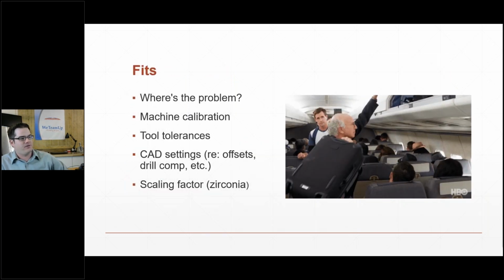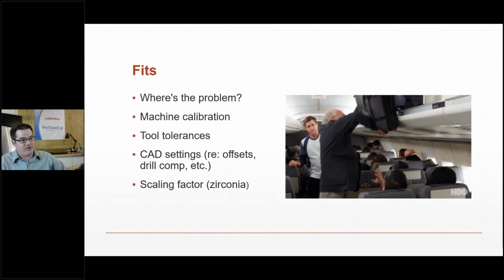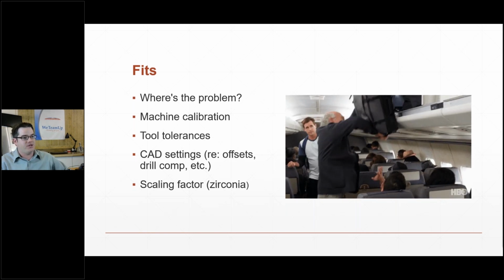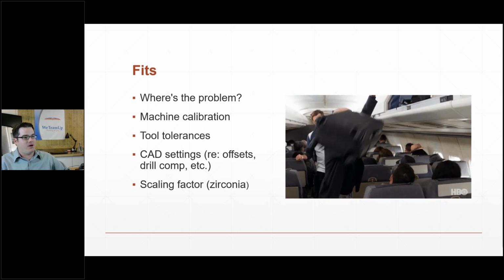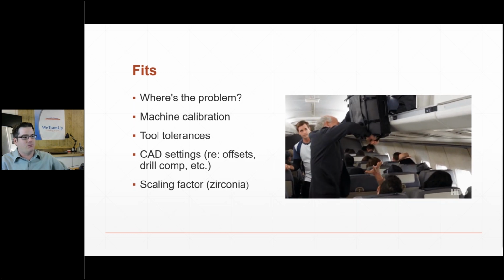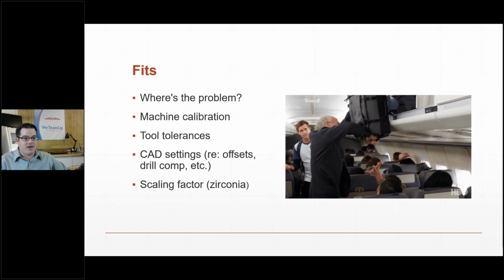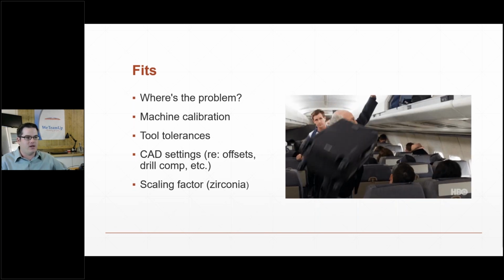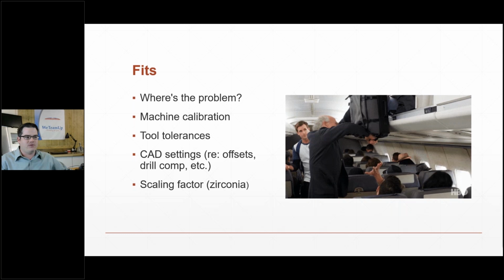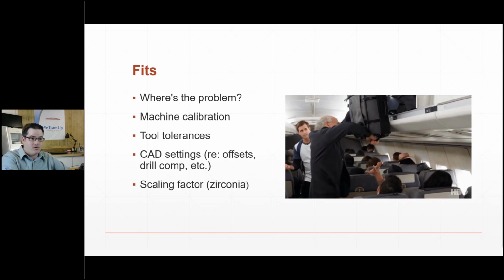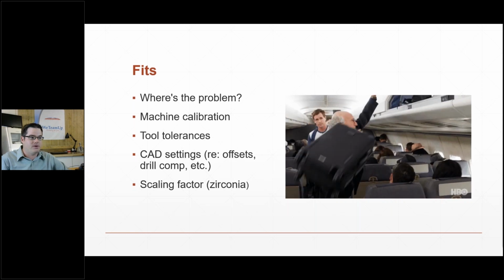And fits. My biggest tip on fits is think about where the fit issue is, and that's going to help you zero in on what's going on. So, for instance, I have a crown that's got tight contacts. Both of them are tight, and it fits loosely on the die. To me, when I visualize that, I think the entire crown is kind of too big. So I'm going to look at my scaling factor.